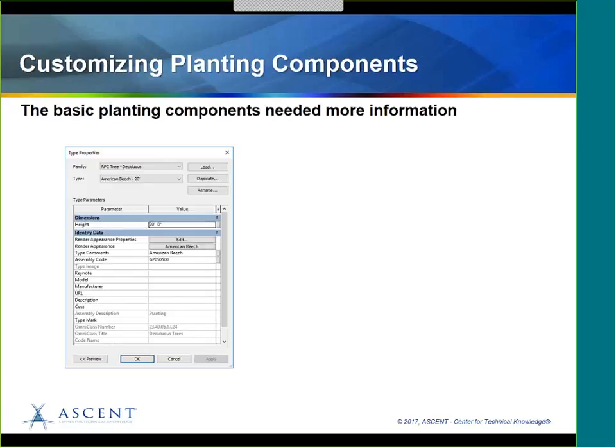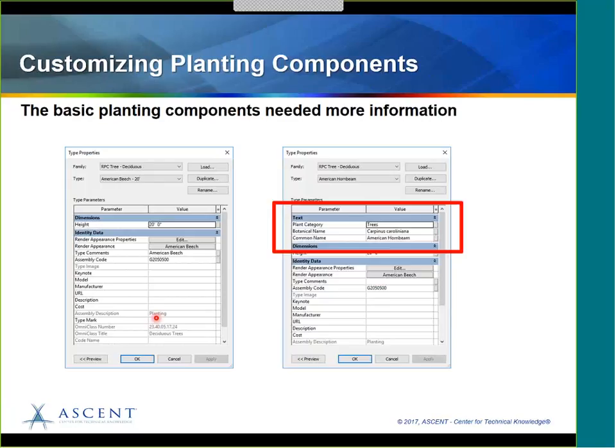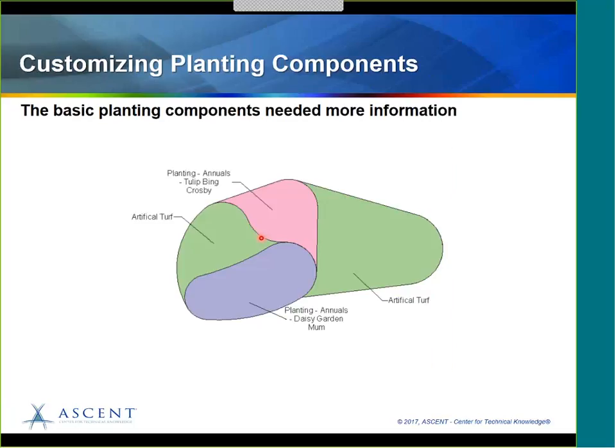Now, with that in mind, I'm going to spend the next little bit talking about how we customized, like I mentioned, the planting components. For example, our basic planting components over here. This is the one that's straight out of the box with Revit. We need some more information. So I'm going to talk about how we got some of these parameters in there.